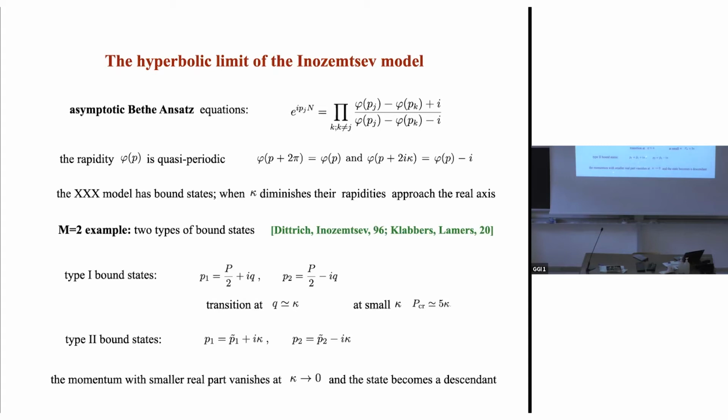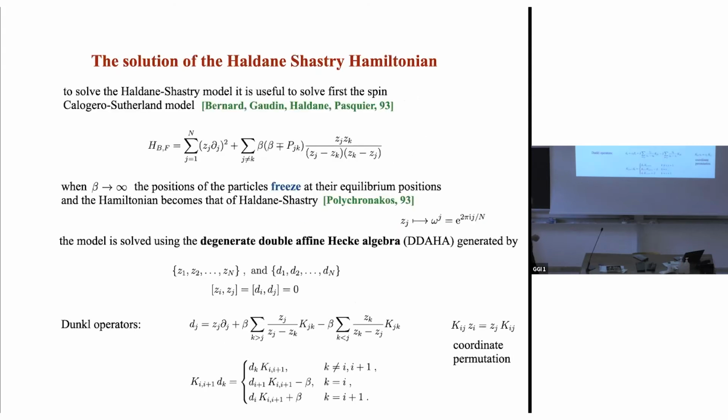So this state becomes a descendant of another state, because you have a P equals 0 magnon. P equals 0 means that you have a magnon with zero energy, so it's a symmetry of your spectrum. Okay, so that was about the relationship between Heisenberg and this model.